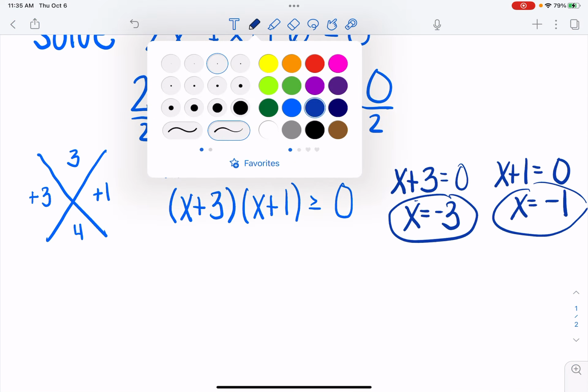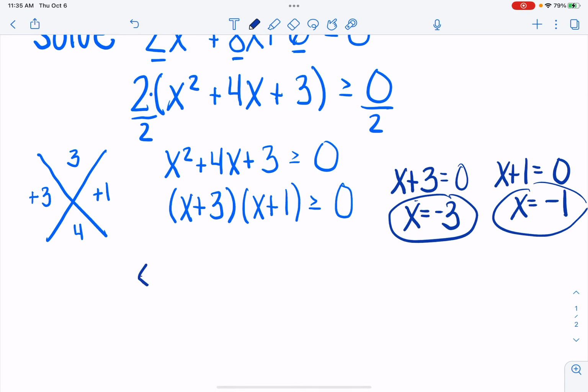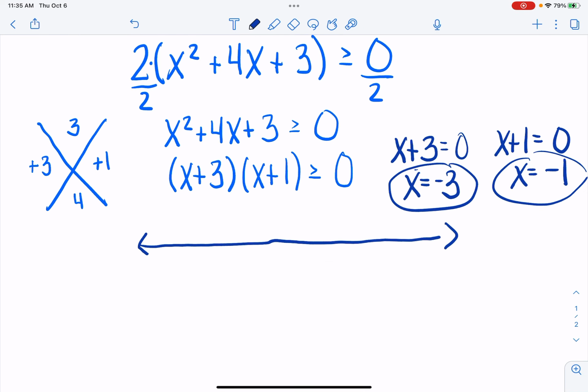So when I'm drawing my number line, I'm going to start off by just drawing a number line, and I'm going to put points on there that are around negative 3 and negative 1. So I'm going to do negative 4, negative 3, negative 2, negative 1, 0, 1, 2, 3.